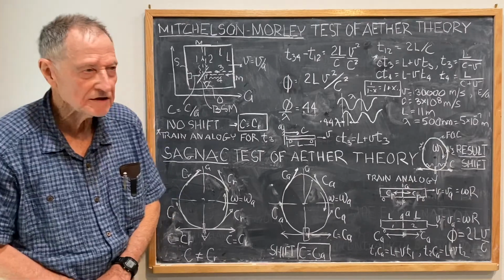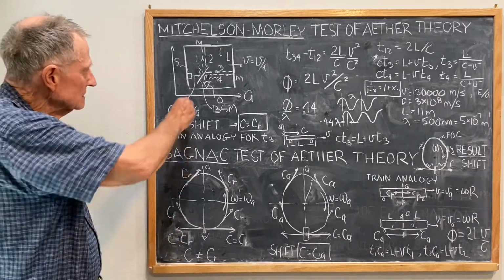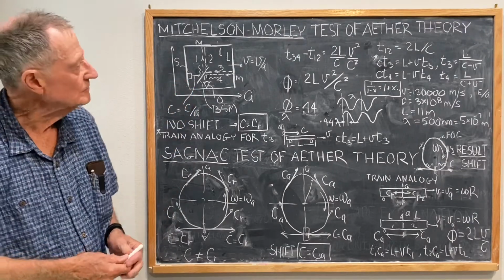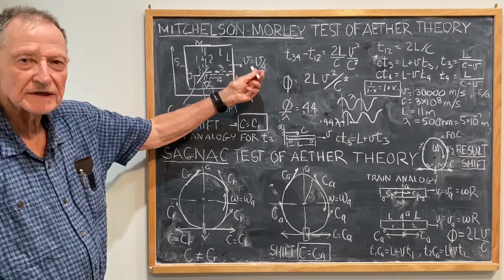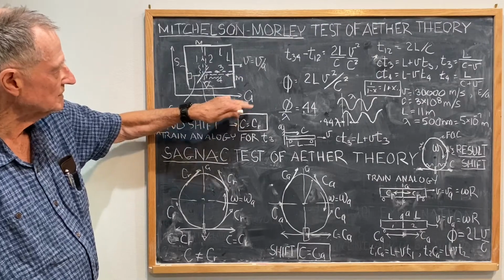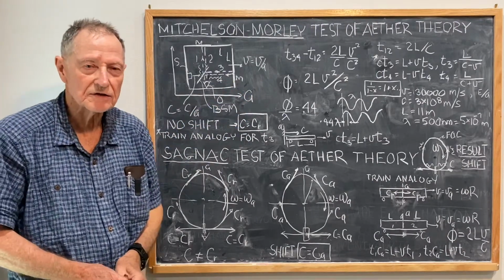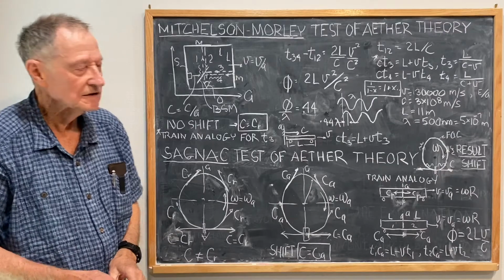For the Michelson-Morley experiment, I have a Michelson-Morley interferometer moving at a velocity v, assumed to be with respect to an absolute coordinate system, assumed to be that of the Earth circulating, the speed of the Earth circulating around the sun.